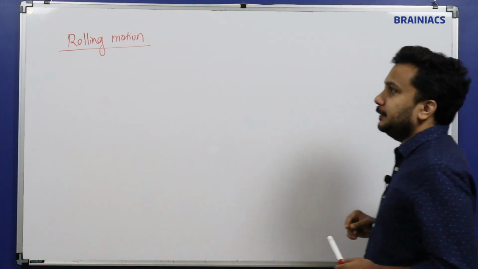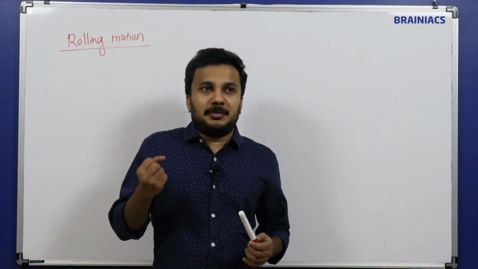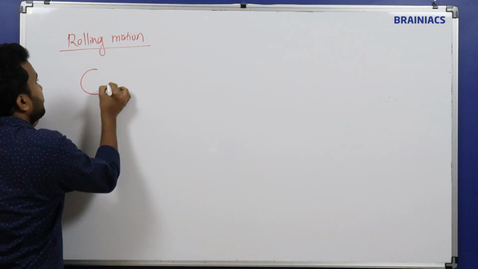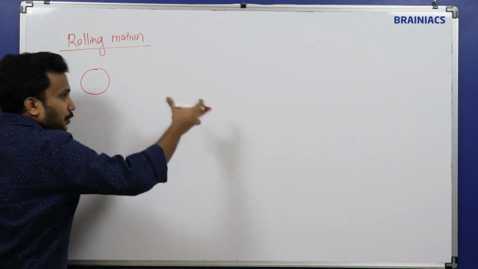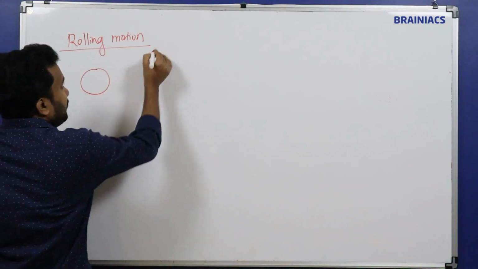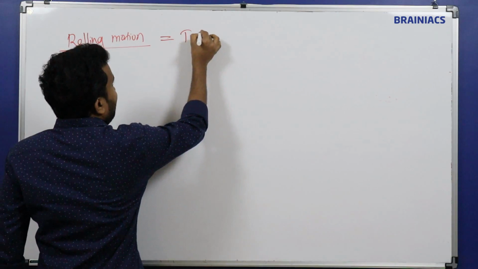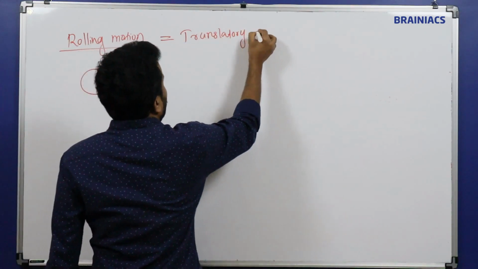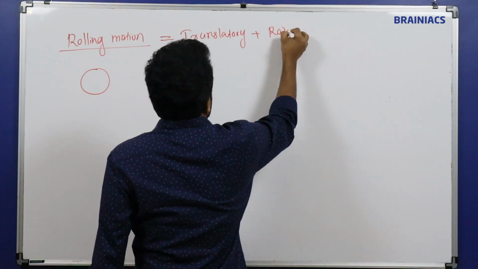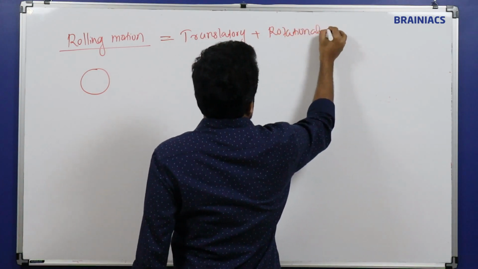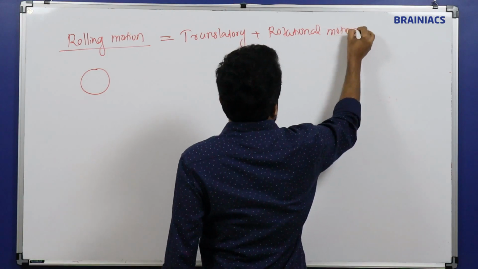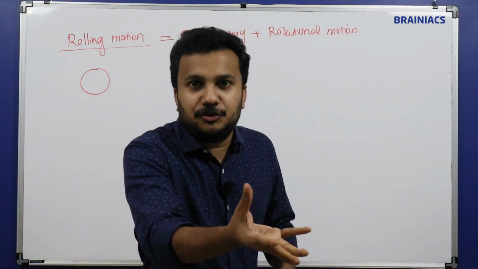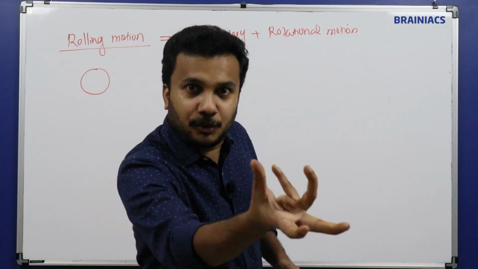A rolling motion is just like a ball rolling. This is a ball and it is rolling. Rolling motion is equal to translatory motion, which means linear motion, plus rotational motion. Imagine you are throwing a ball on the floor and the ball is rolling.